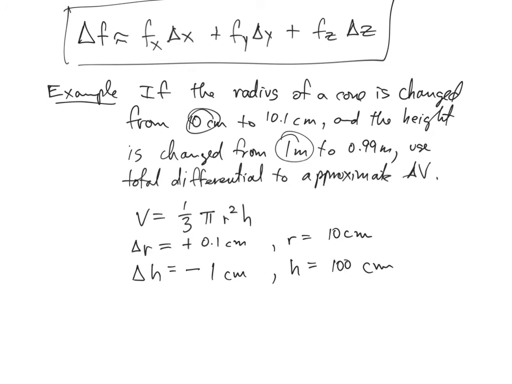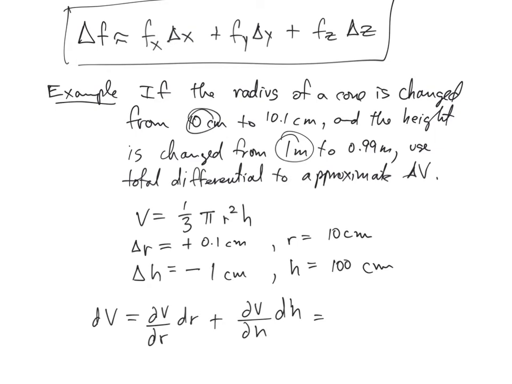Okay, now we're going to use the total differential, which is dV, equal to the partial derivative of our volume function with respect to r, times dr, plus the partial derivative of our volume function with respect to h, times dh.